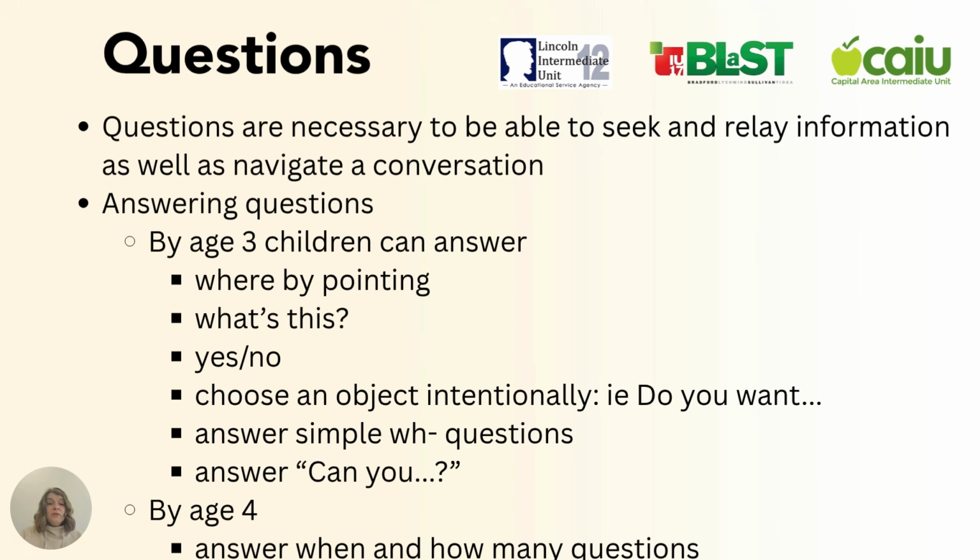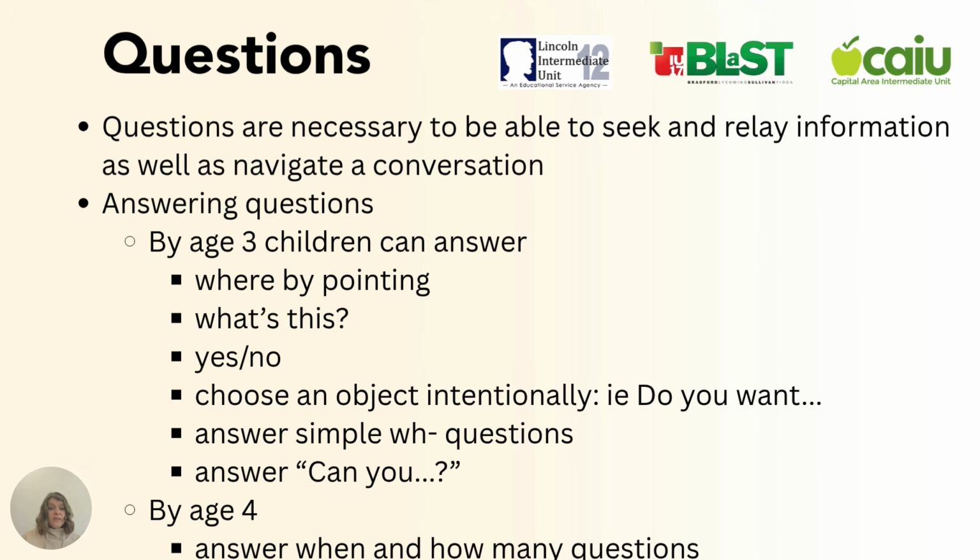Our students really begin answering questions like where by pointing, what's this, and some yes no questions by the age of 3. They choose an object intentionally when we say, do you want this, right? Or this, right? Do you want juice or milk? Do you want the bunny or the kitten toy?